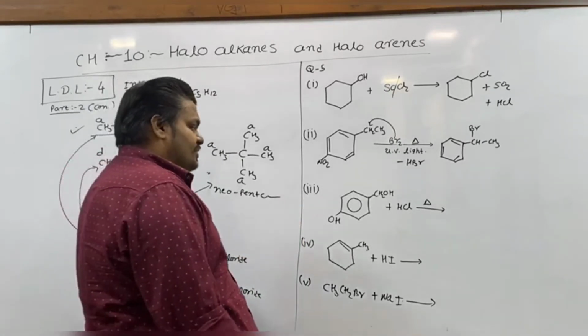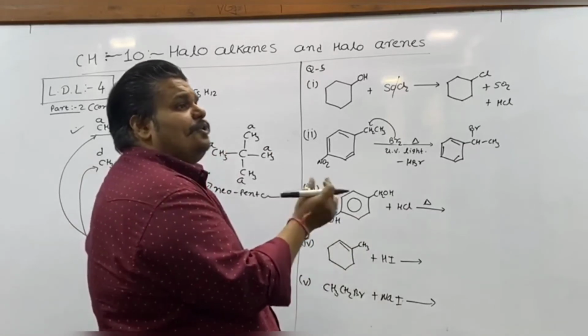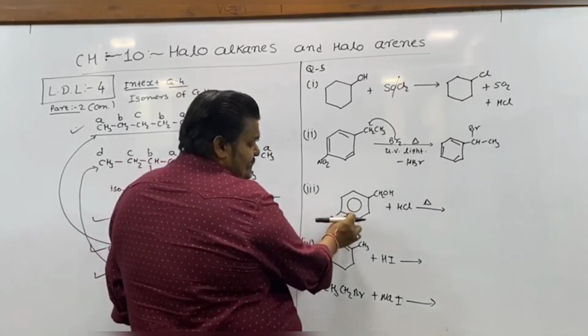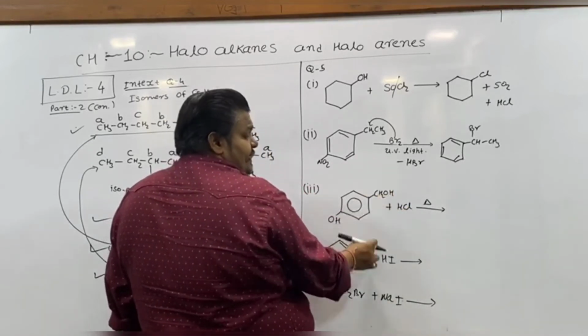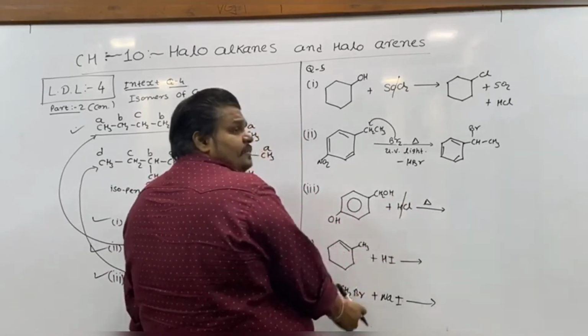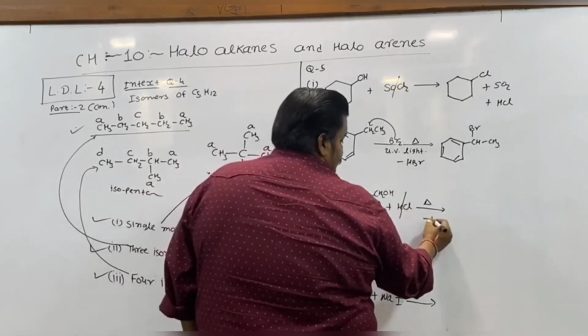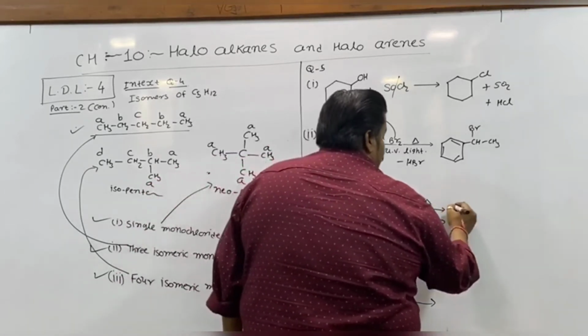In the third question, we have two hydroxyl groups, but two different hydroxyl groups. One is directly associated with the benzene ring, and the other is associated with the carbon of the alkyl chain along with the benzene ring. When reacting with HCl, H and OH are released in the form of H2O, and the OH from the alkyl chain gets substituted.